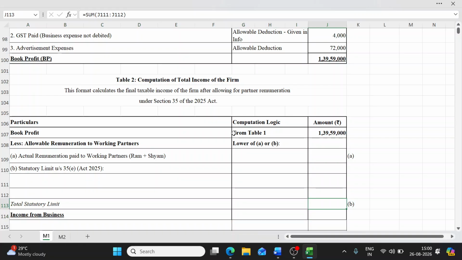So we know the figure of book profit, but now we have to calculate the allowable remuneration to working partner. So here we have two points. Point A is the actual remuneration paid to working partner, and point B is the total statutory limit. So first let's find out point A and point B. Point A is actual remuneration paid to working partner.